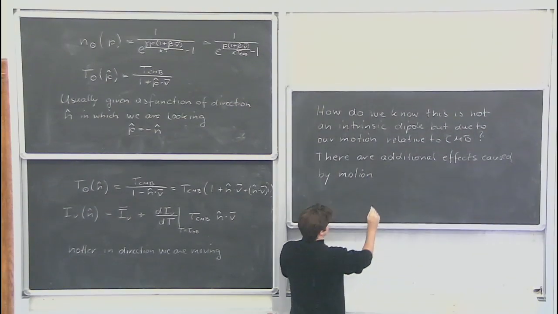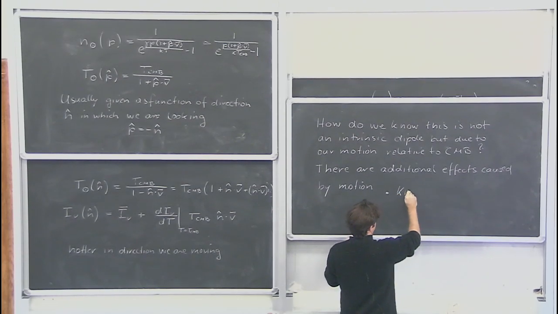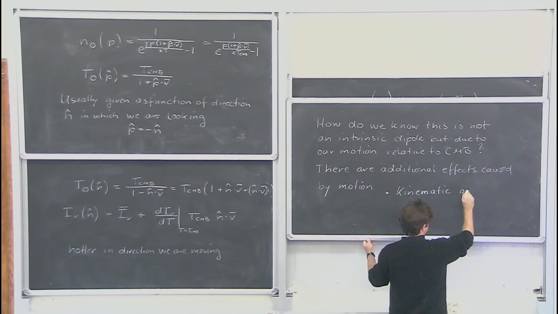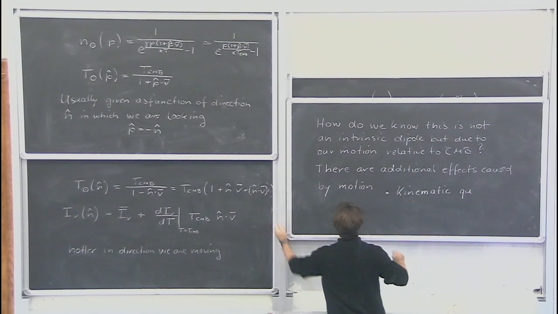And, well, let me just squeeze them in here. So the first one that I'll discuss now is what is called the kinematic quadrupole. It's kind of obvious what that's supposed to be. You saw that we truncated this expansion here, so there are additional effects.